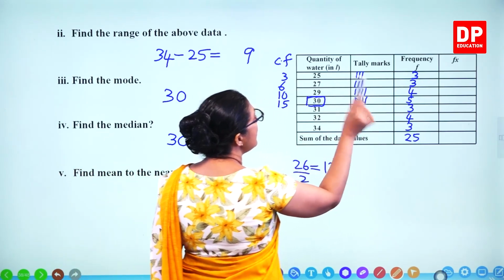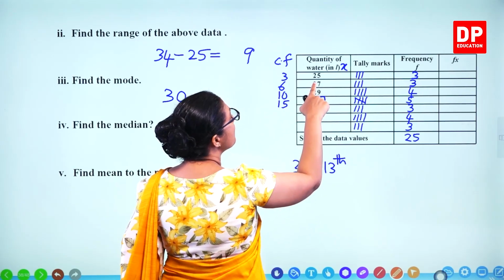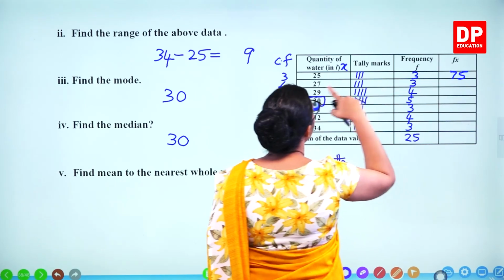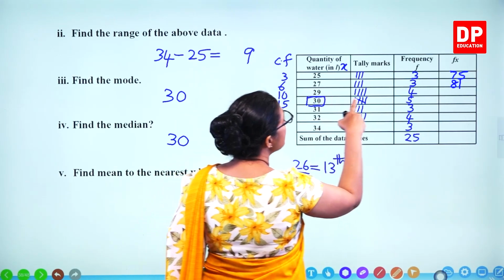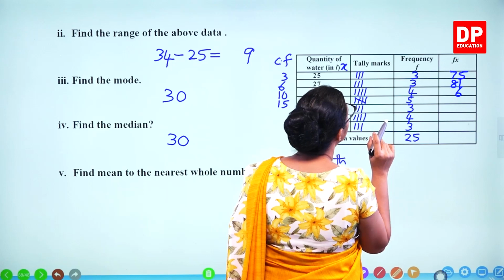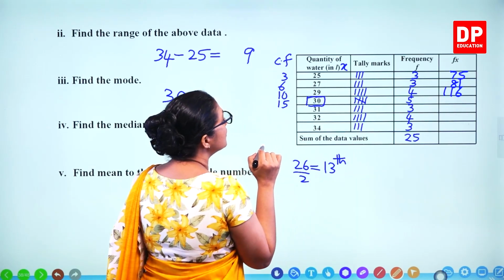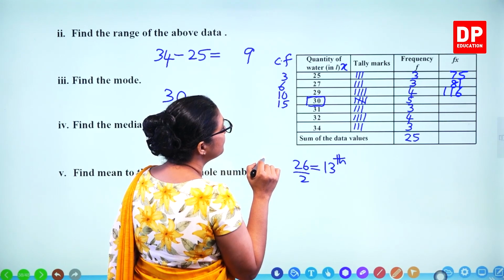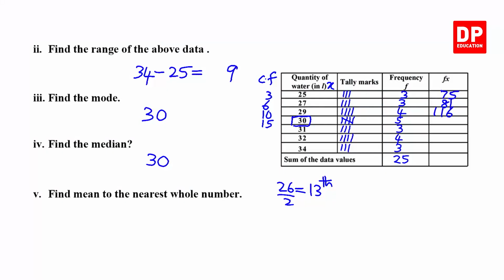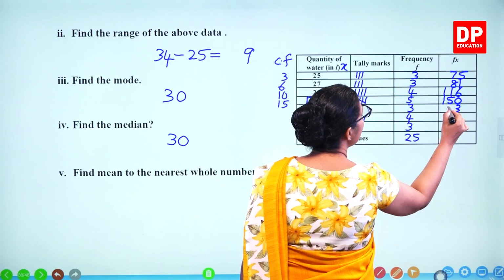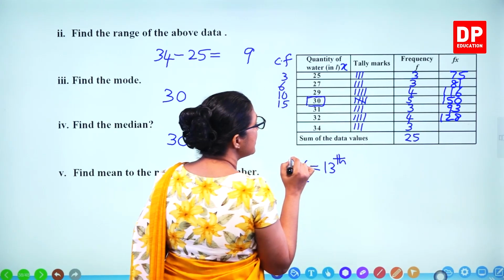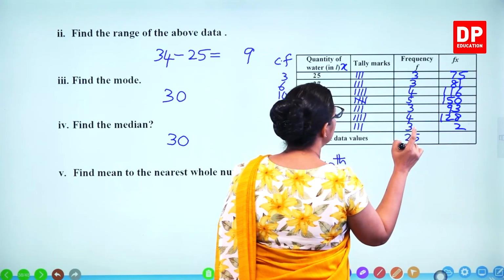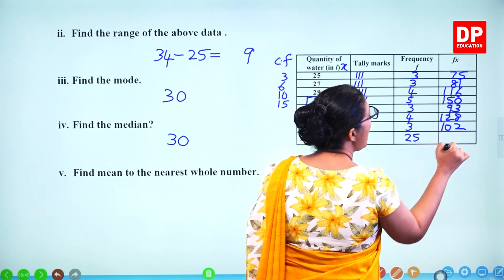You multiply x with f. 25 times 3, 75. 27 times 3, 81. 29 times 4, 116. 30 times 5, 150. 3 times 31, 93. 32 times 4, 128. 34 times 3, 102. Now add it together.